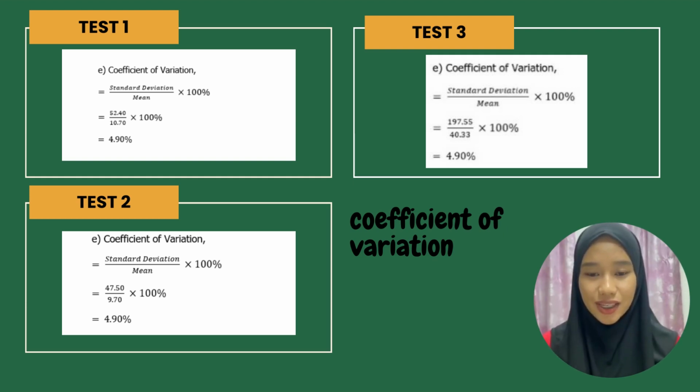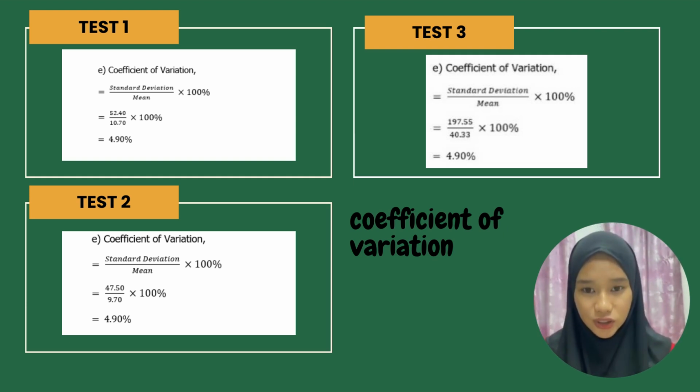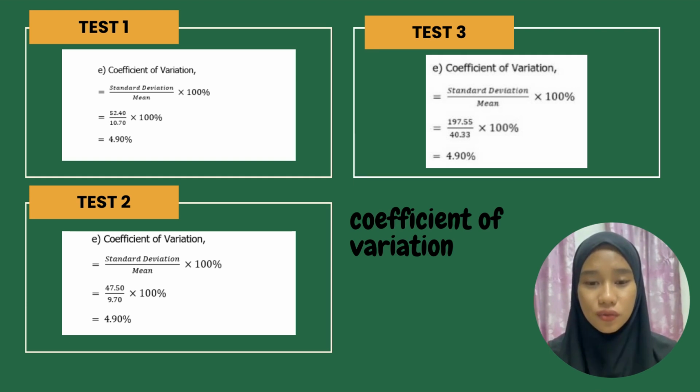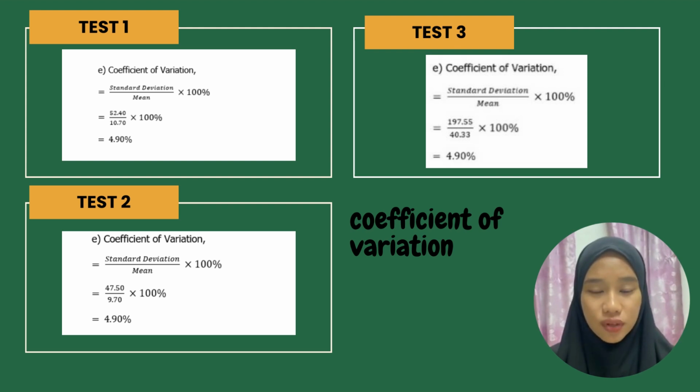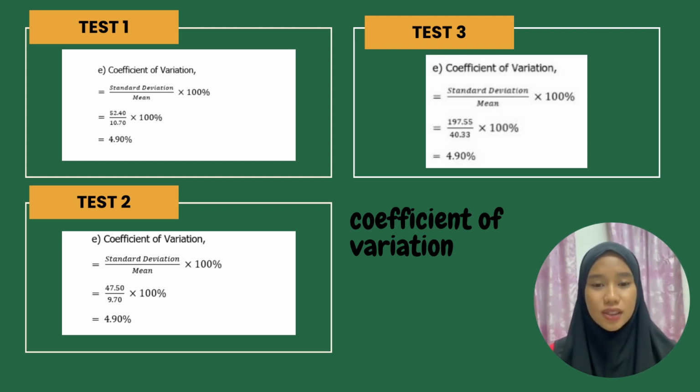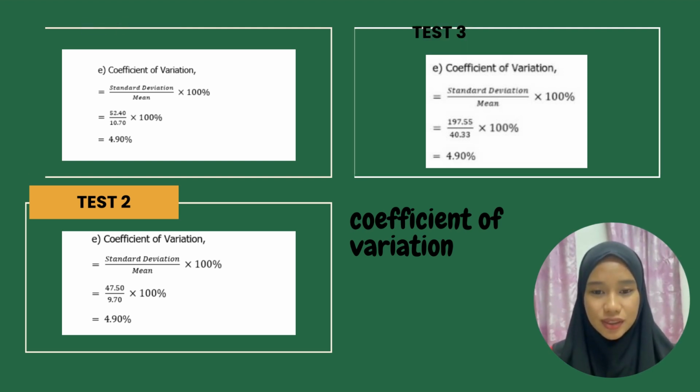As you can see on the slide, the answer for task 2 is 4.90%. The slide also shows the calculation for task 3, and the answer is 4.90%.